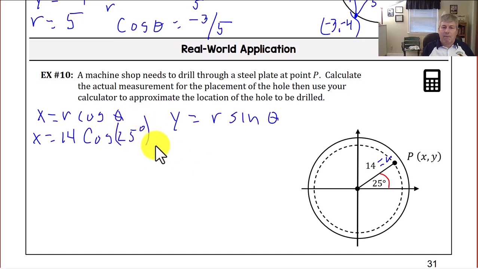And our y value is also r, 14 sine of 25. Well, 25 degrees is not on our unit circle, so we're going to have to use our calculator to do our trig function. So let's hop over to our calculator and make sure it's in degree mode and get this going.